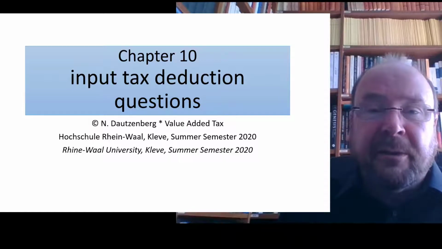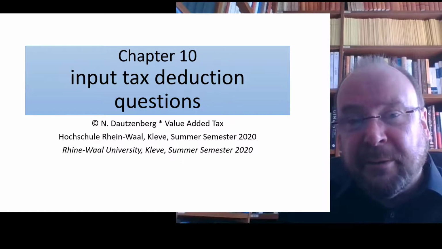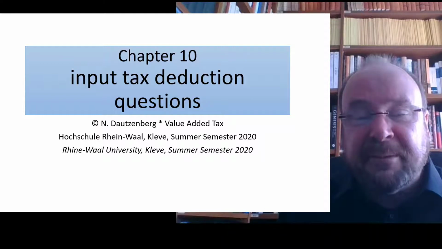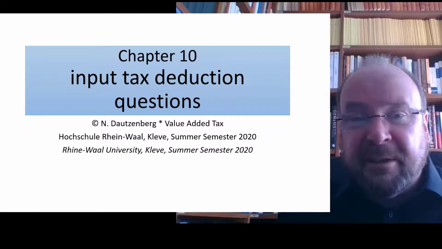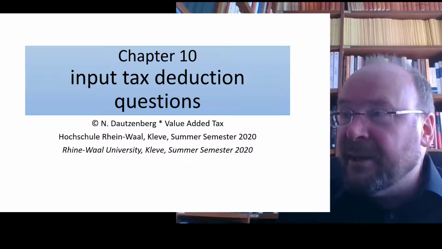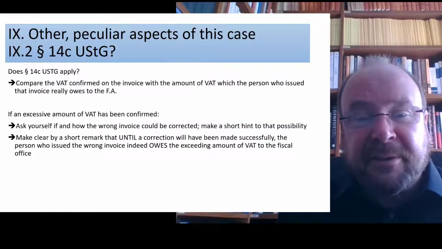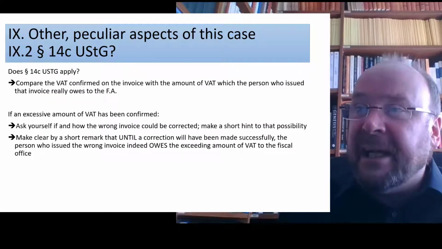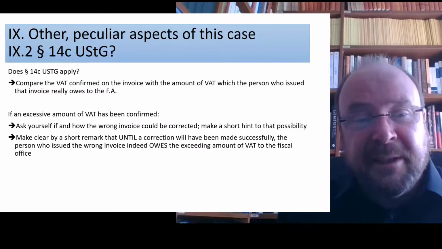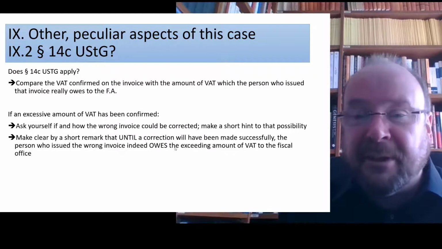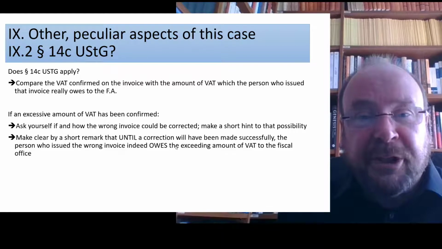And on the other hand, is there anything which you can say concerning the input tax claims of the customer if that customer also owns a business? Well, but this is something for another chapter, so let's end here with paragraph 14c and reserve the rest for the next chapter. Thanks very much for watching.